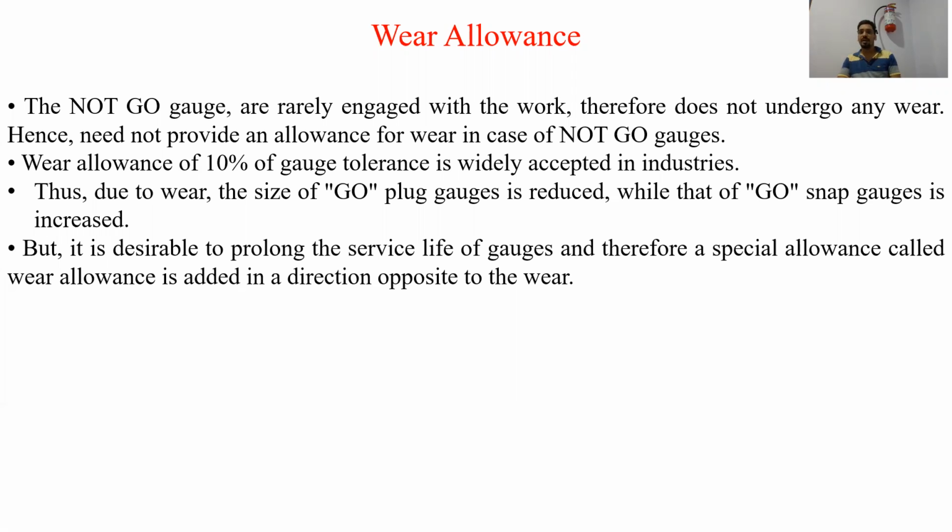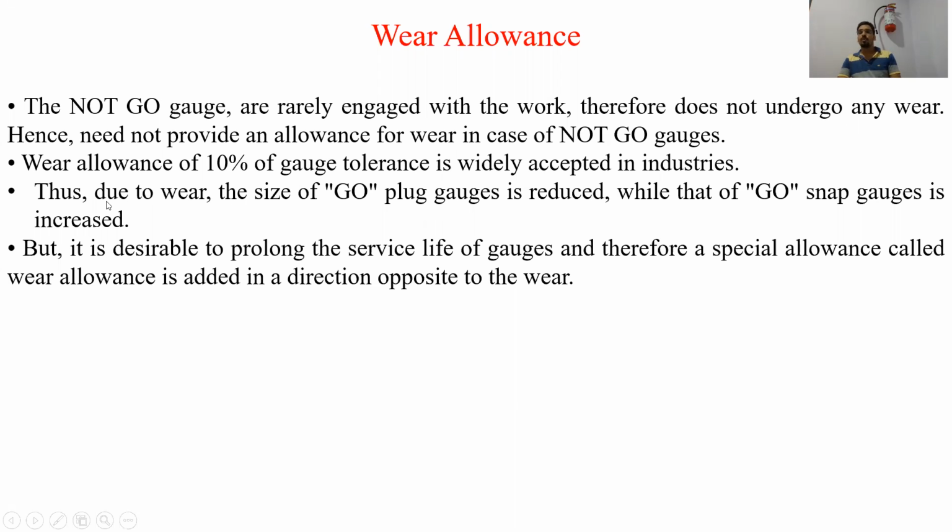So we have to take some prevention for removal of that wear. The no go gauges are rarely engaged with the work, therefore they do not undergo any wear, and there is no need to provide any allowance for wear in case of a no go gauge. I have already told you.